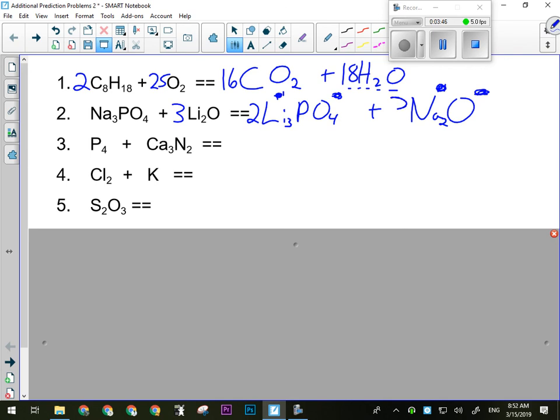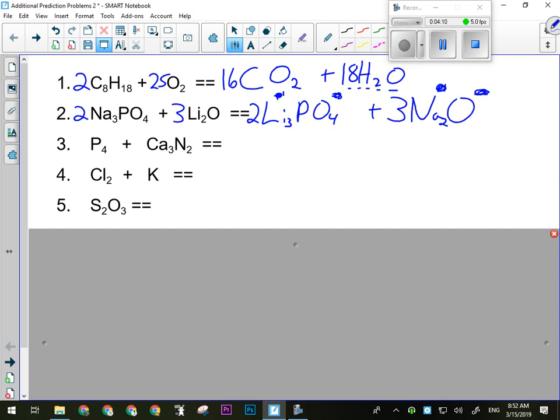So I'm going to go over here and make sure I have 3 oxygens. Okay, that gave me 6 sodium. So I'm going to go back over here and make sure that I have 6 sodium. That gives me 2 phosphates, which I have, okay, and I have everything else now balanced. Okay, everybody all right with that one?